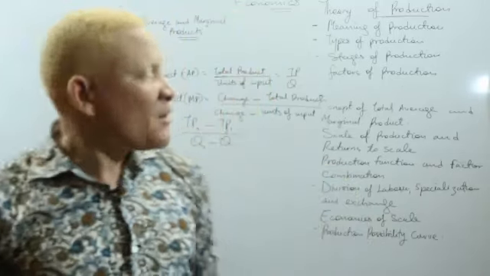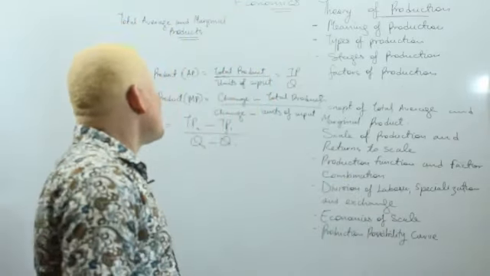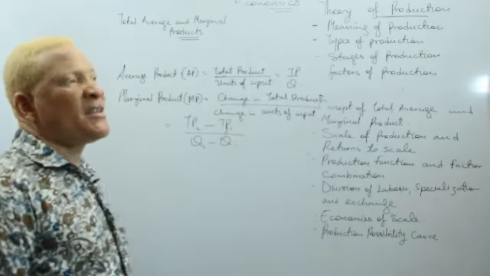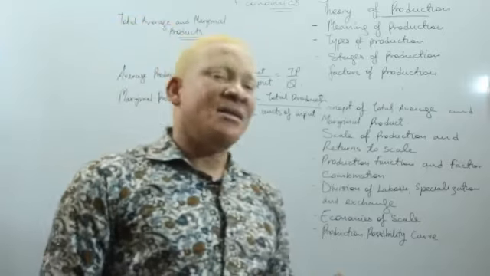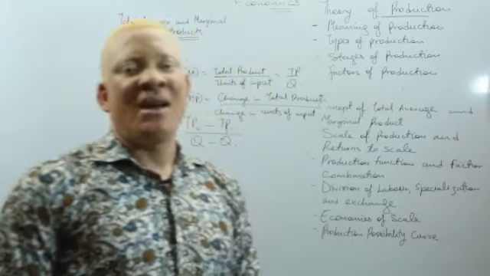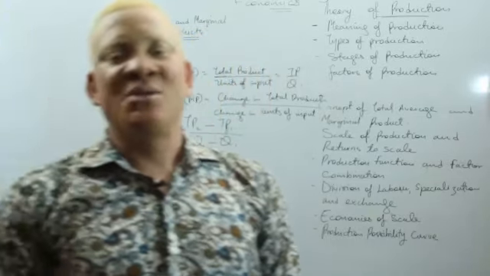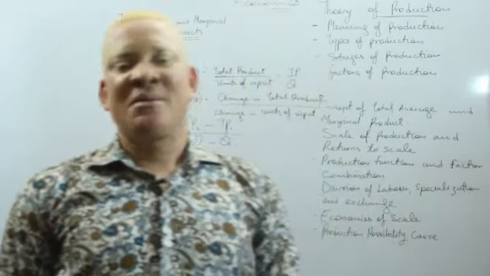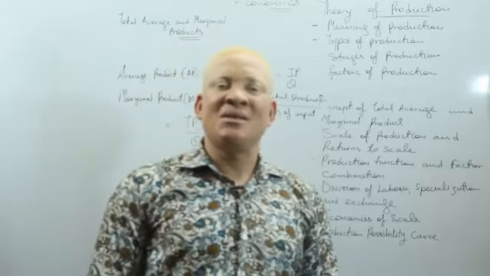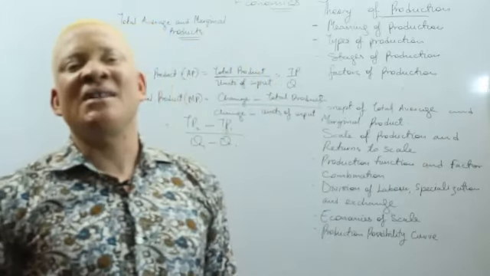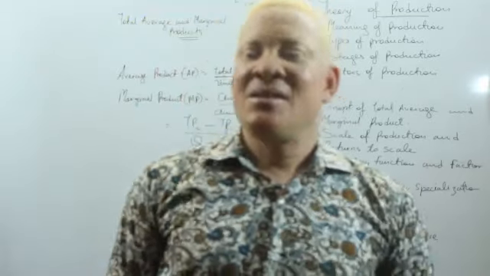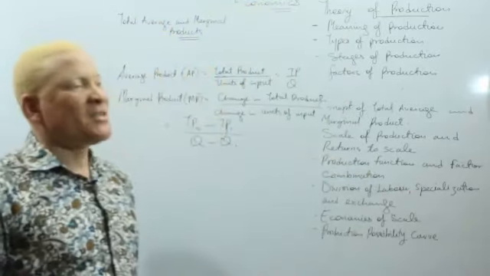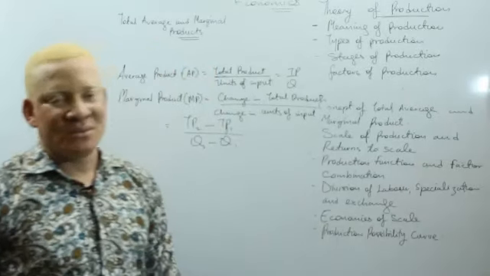For instance, when we talk about the total product, average product, and marginal product, there is a point where the marginal product will get to, and it is unwise to increase your scale of production. The scale of production, before we get there, refers to the quantity or the volume of input that is invested into production. So, in other words, it refers to what? Increase in volume of input.